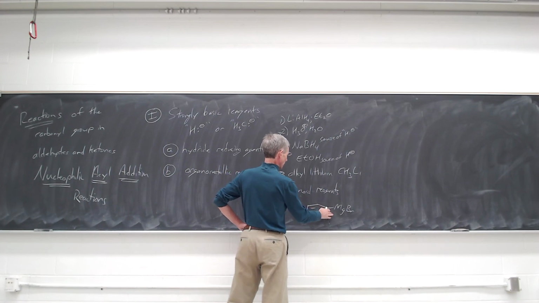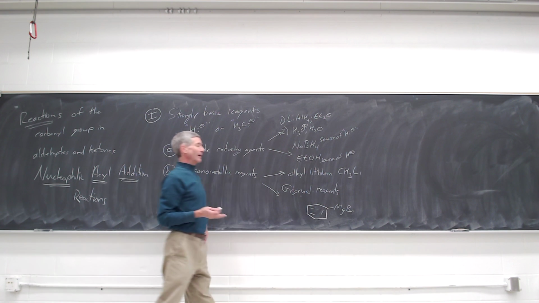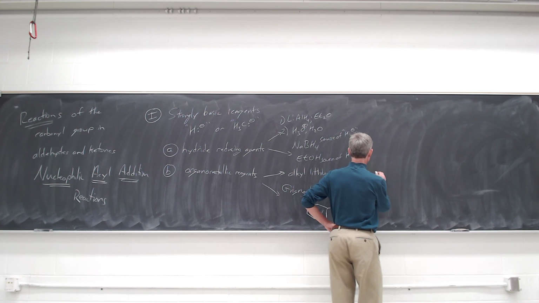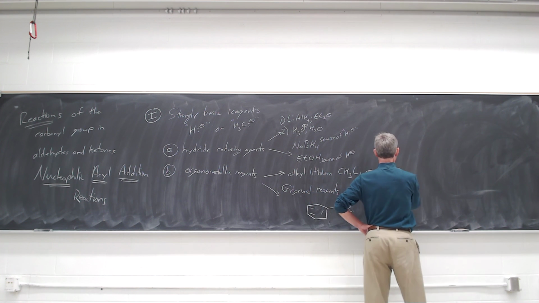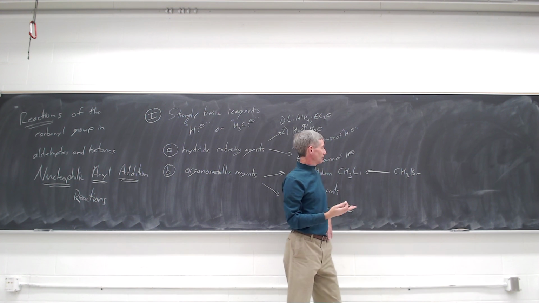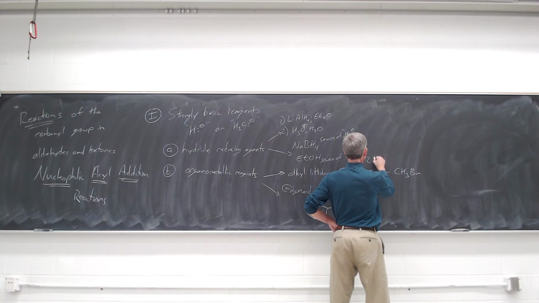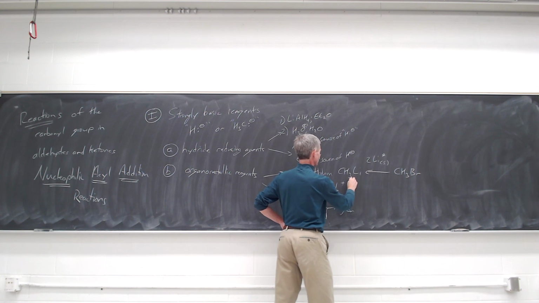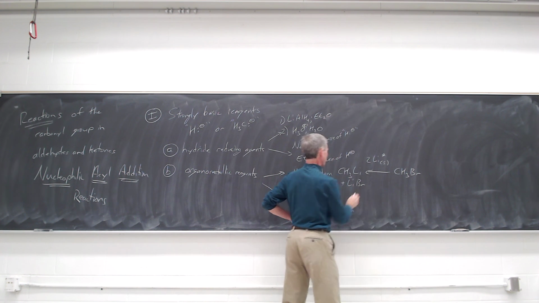So, alkyl magnesium bromides and alkyl lithiums, and you may remember that alkyl lithiums are made directly from alkyl halides by adding 2 equivalents of lithium solid, the other product then being lithium bromide.